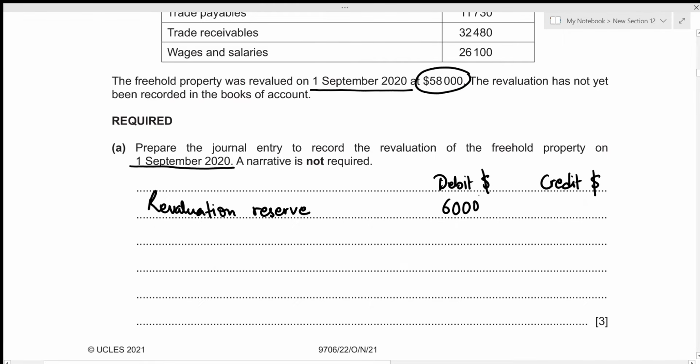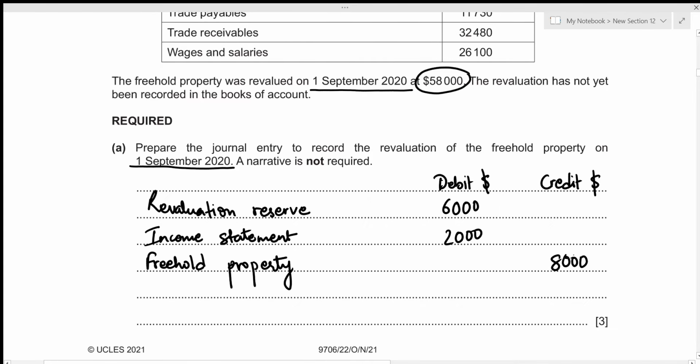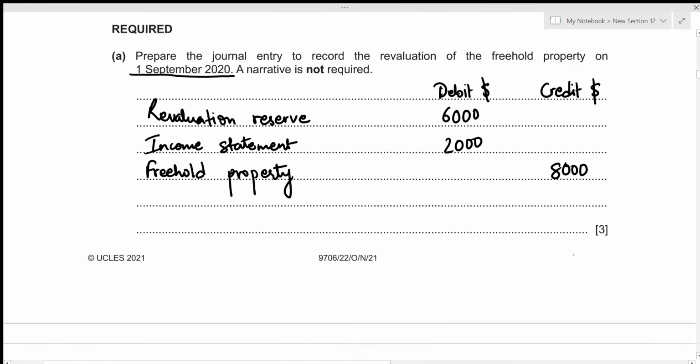Then the remaining 2,000 should be accounted to the income statement. Then the total of 8,000 must be accounted to the freehold property. That should be recorded on the credit side. Alright, this completes our journal as well as the first part. Let's move to the second one.